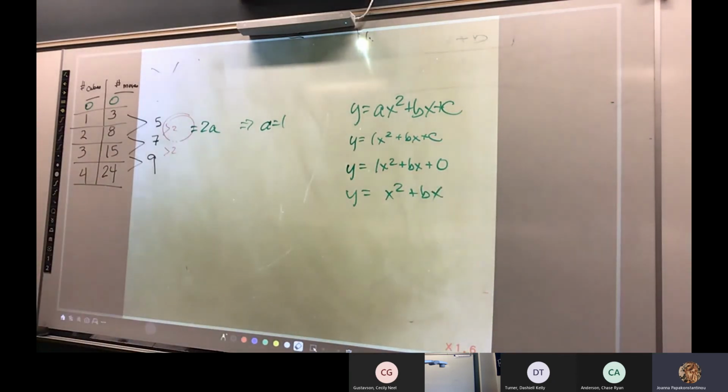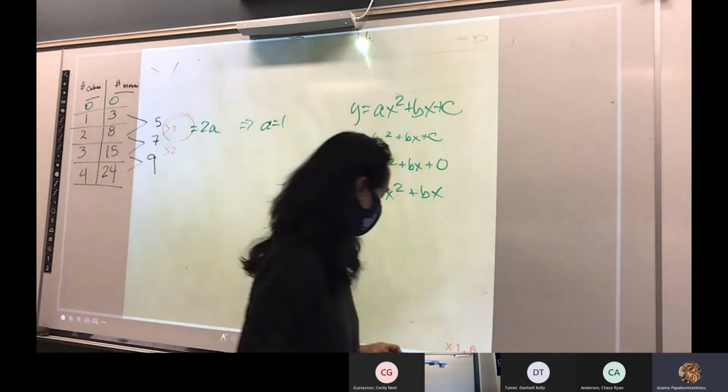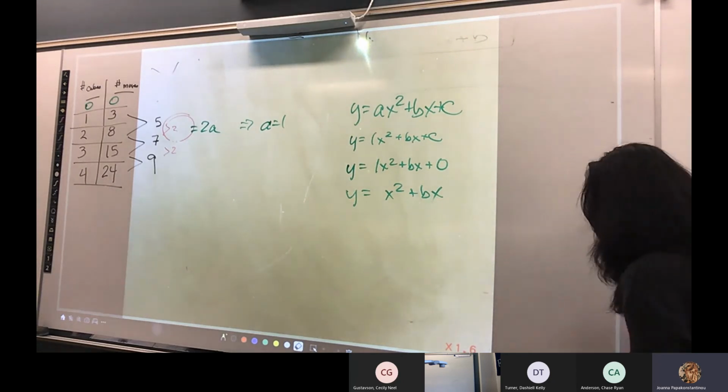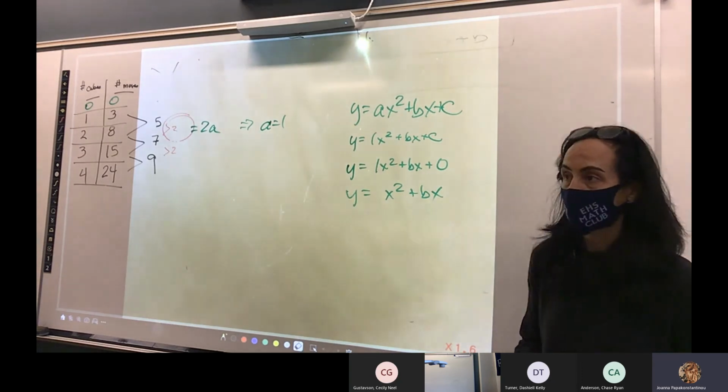How do I find B? You have a table of values, you have an equation, you have a missing value. But what do you have?